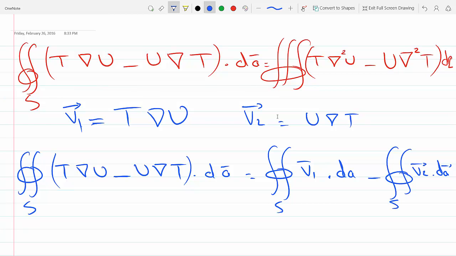And then, if you remember, we used the divergence theorem. What the divergence theorem does is it allows you to change a surface integral into a volume integral.